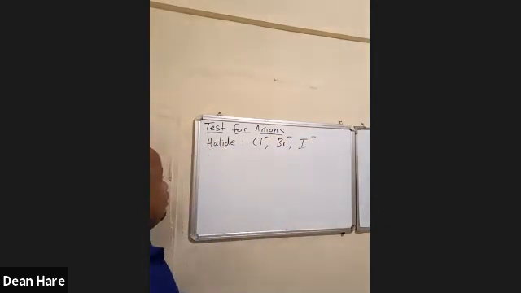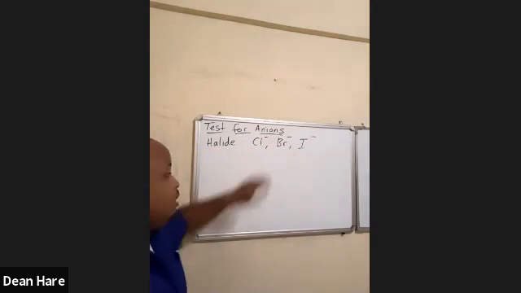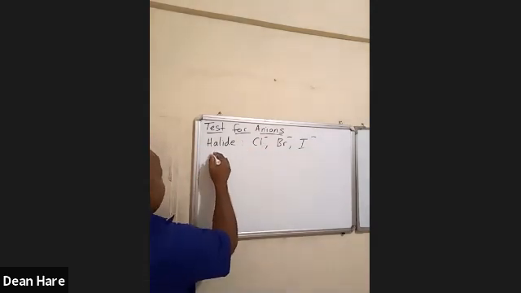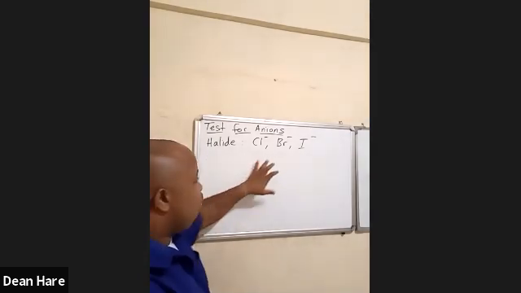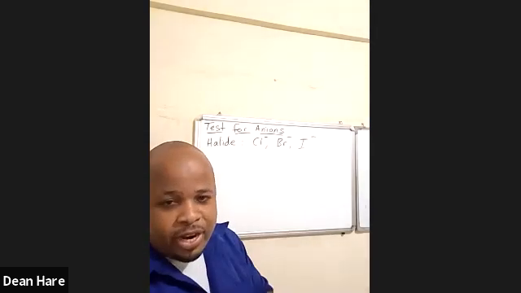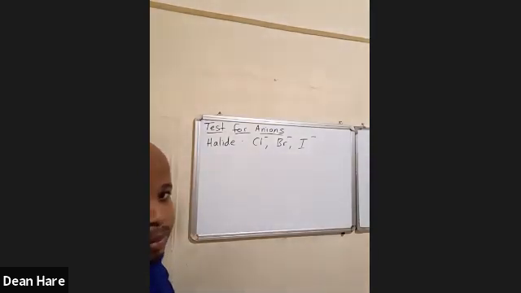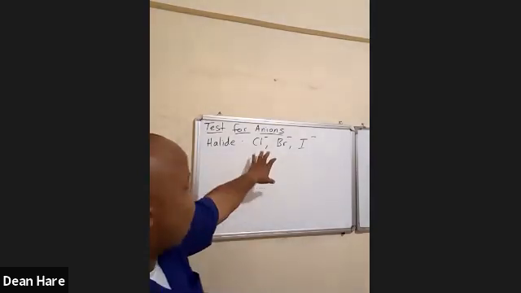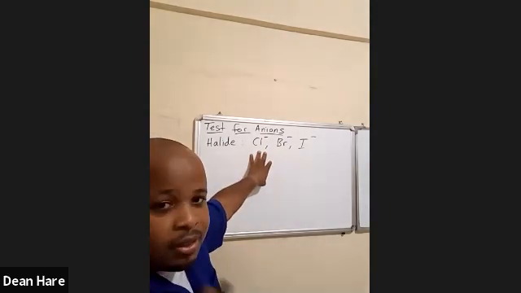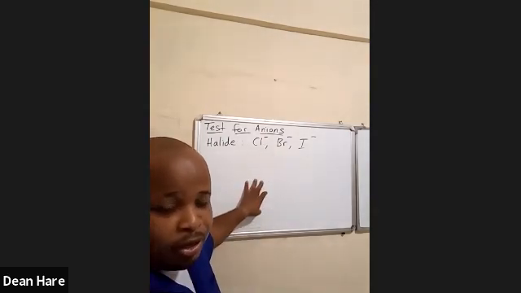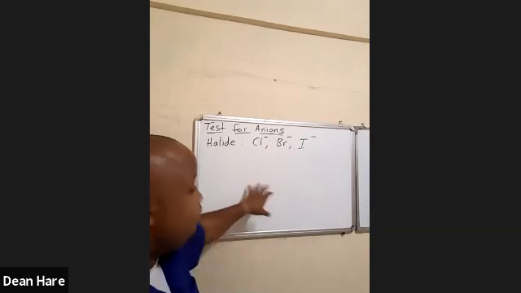For these ions, the reagent is the clue. When you're testing for these ions, when you see the name of the reagent, that will tell you which negative ion you are testing for.